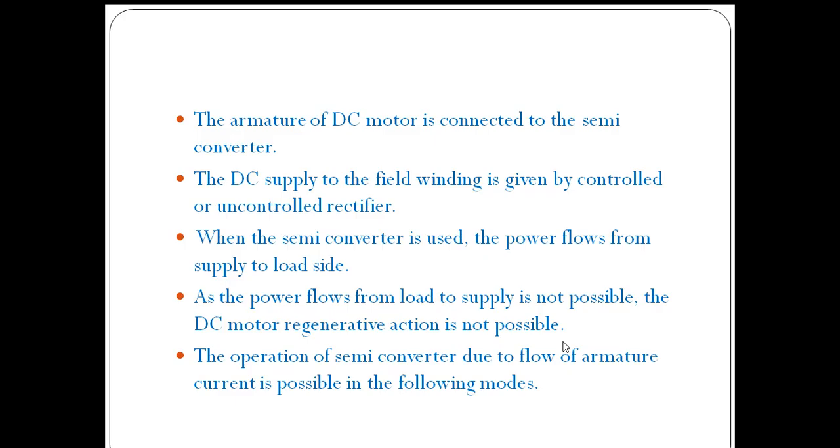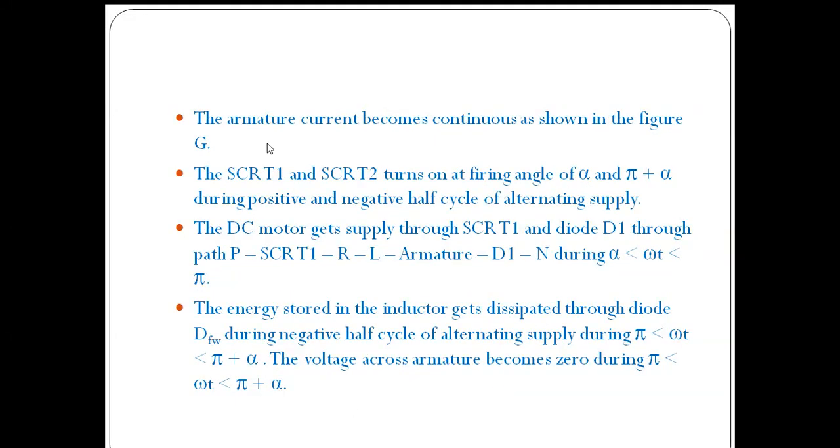The operation of the semiconverter, due to flow of armature current, is possible in the following modes. The armature current becomes continuous as shown in the figure above. The SCR T1 and T2 turn on at firing angles alpha and pi plus alpha during the positive and negative half cycles of the alternating supply.